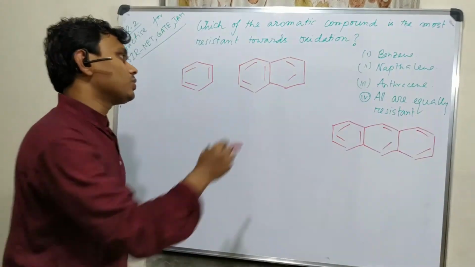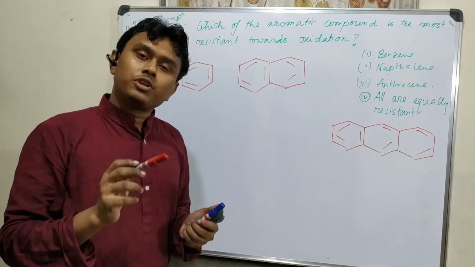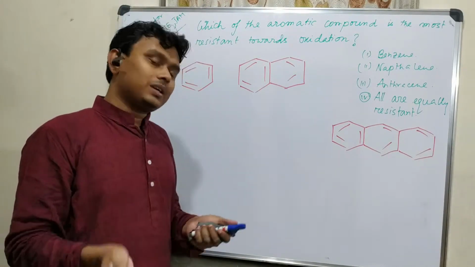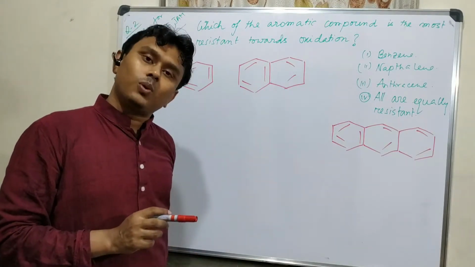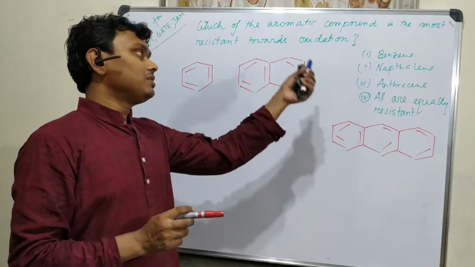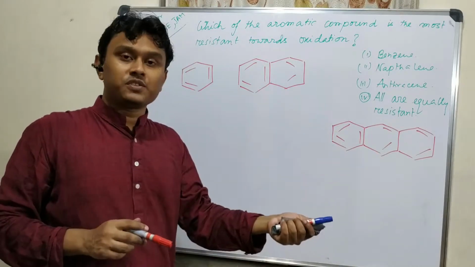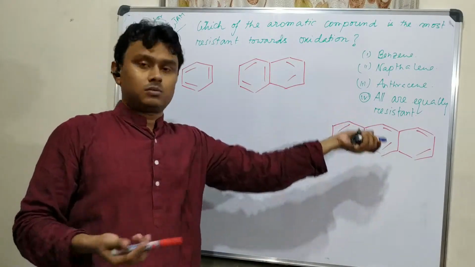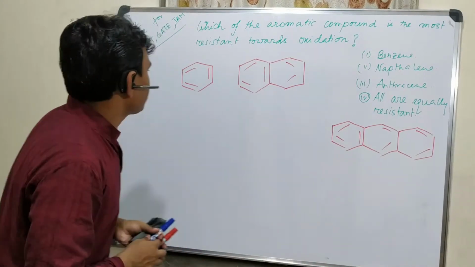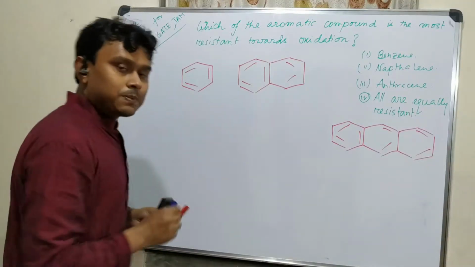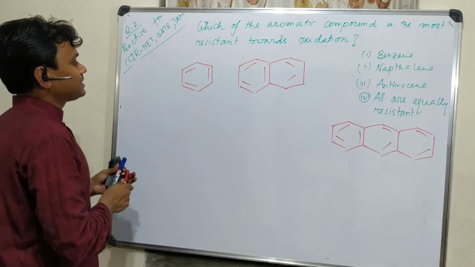The background is that all are aromatic. Aromatic compounds are highly stable, so they are reluctant to lose their stability, which would happen due to oxidation. That's why they want to know the comparative reactivity of these three, or the fourth option, equally resistant. To explain that, we need to know the resonance energy.